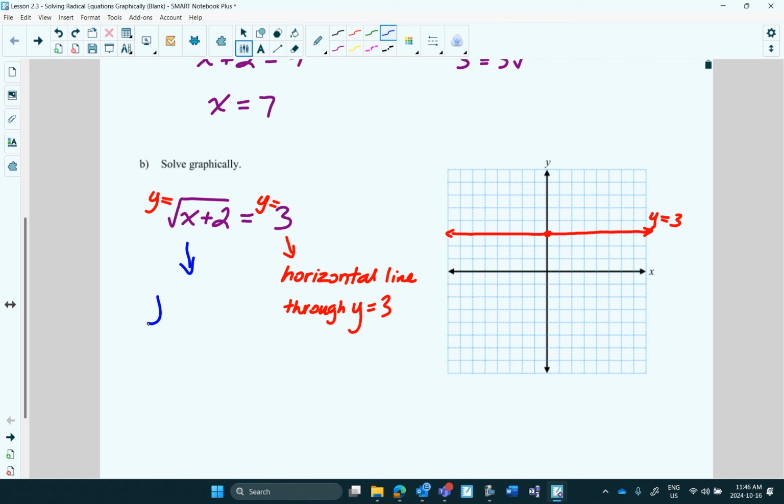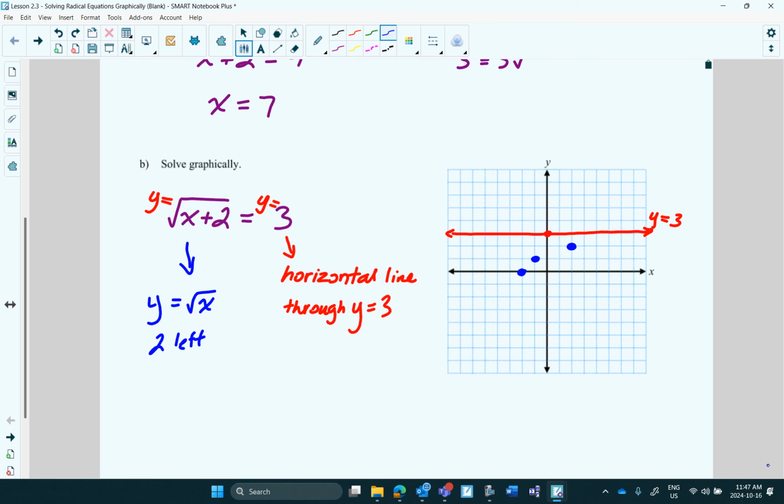It's y equals root x, 2 to the left. So 0, 0 goes 2 to the left. 1, 1 goes 2 to the left. 4, 2 goes 2 to the left. The next one I could actually do is 9, 3.